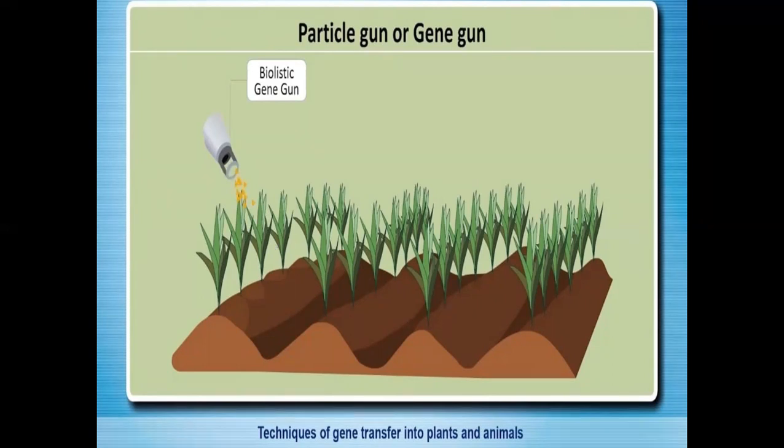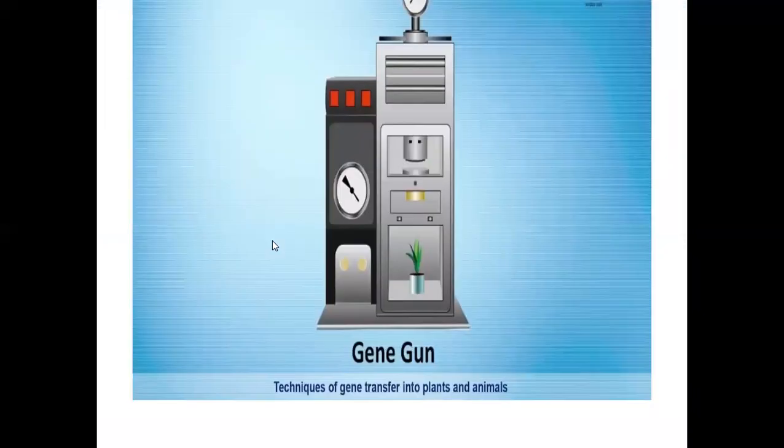Finally, by these two methods, plant cells receive target DNA by the physical method, the gene gun. These are the gene gun machines, widely used in gene transfer techniques by the physical method.